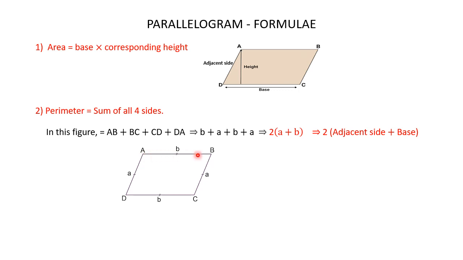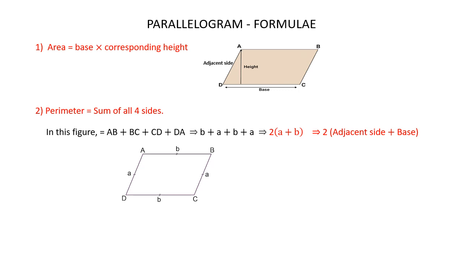So if AD is a, then BC is also equal to a. Similarly, if AB is equal to b, then DC is also equal to b. So the sum of all the four sides is b plus a plus b plus a, which is nothing but 2a plus 2b, or 2 multiplied by a plus b.